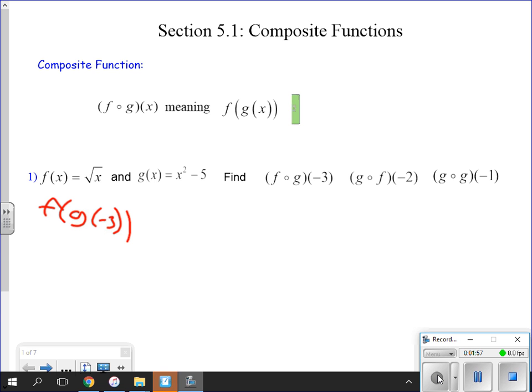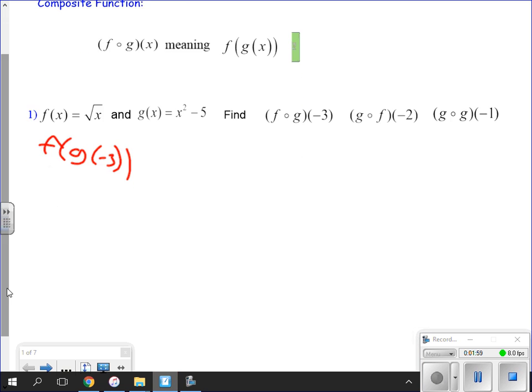Okay, it's not a difficult concept. So I take negative 3, plug it into g. That's negative 3 squared minus 5. Negative 3 squared is 9. 9 minus 5 is 4.